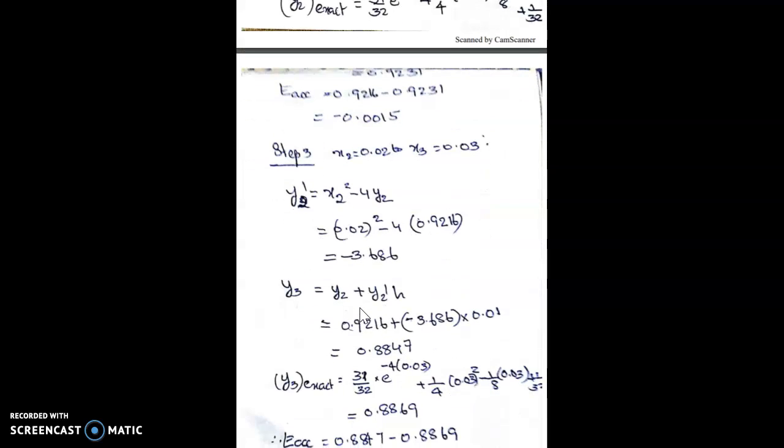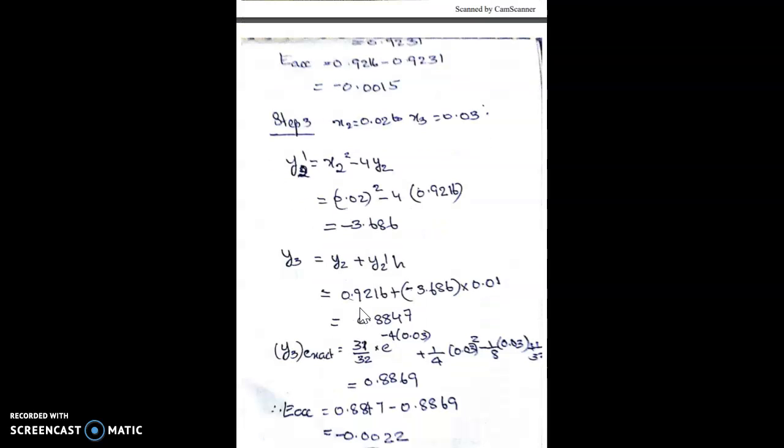And the exact value is given by y_3 exact = 31/32 e^(-4 into 0.03) + 1/4 into 0.03 whole square - 1/8 into 0.03 + 1/32, simplified as 0.8869. So the accumulated error is 0.8847 - 0.8869, which is equal to -0.0022.